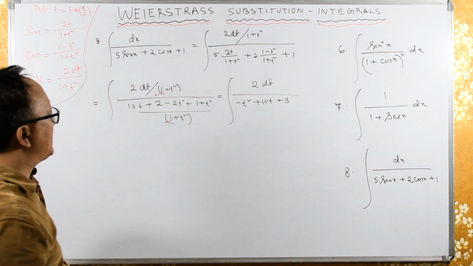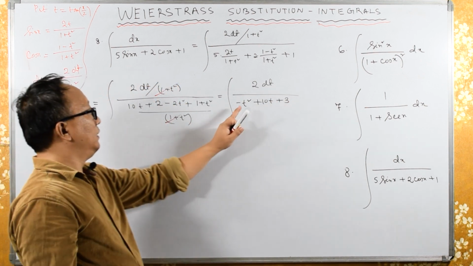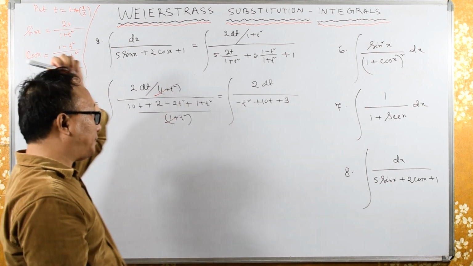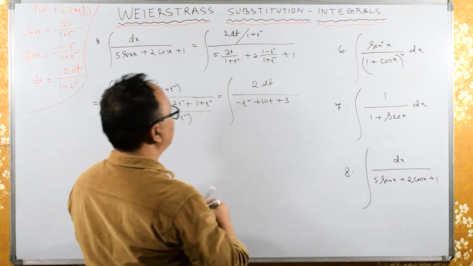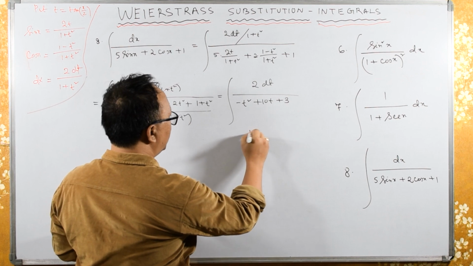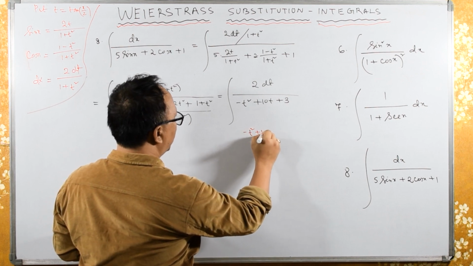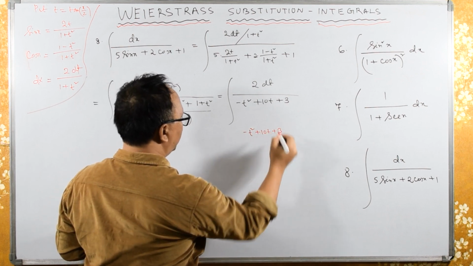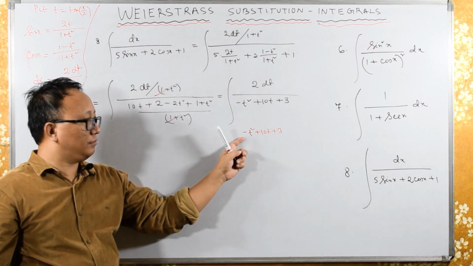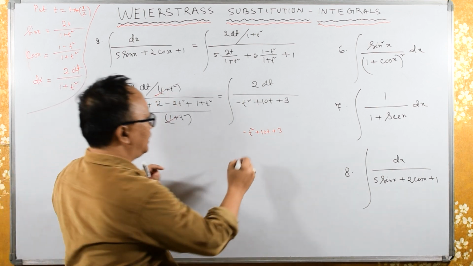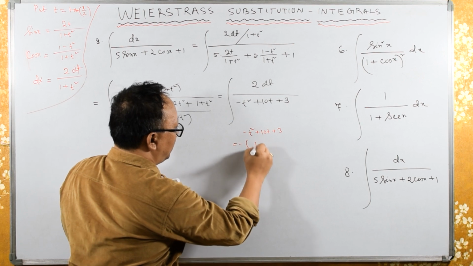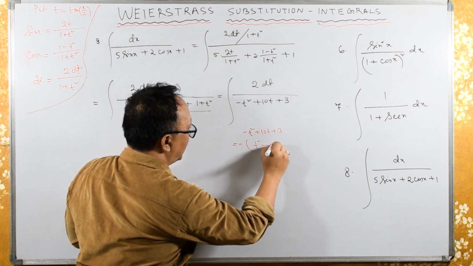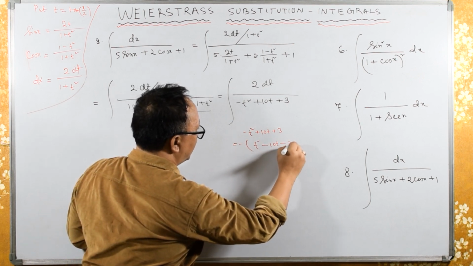Now let's consider this term, t square, minus t square plus 10t plus 3. Now let's take minus common. If I take minus common, it will be t square minus 10t minus 3.